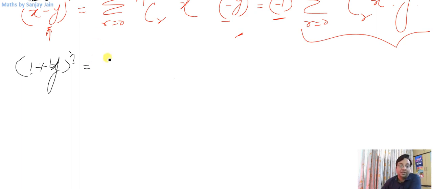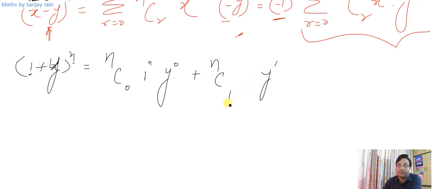See, so I start with nC0, give y 0 and x remaining n power. So what is x? X is 1 in this case. So what I am essentially writing here is 1 raised to power n. And then in the next term nC1, I am giving y at 1 power, and x raised to power n minus 1.